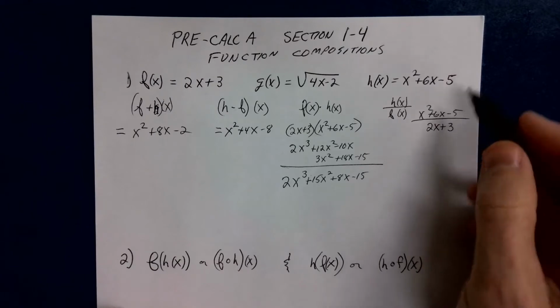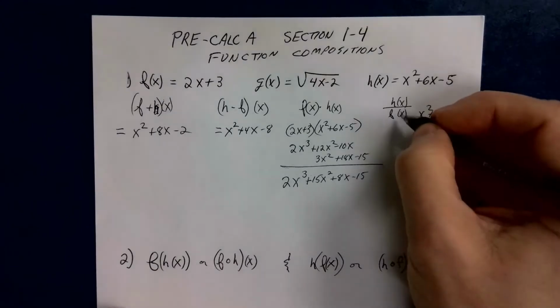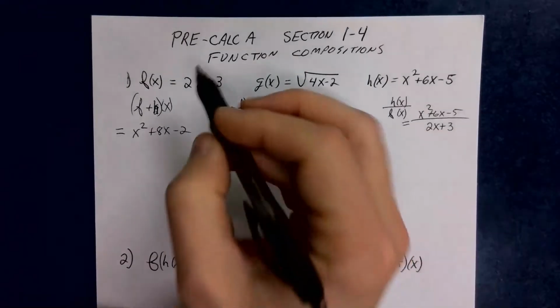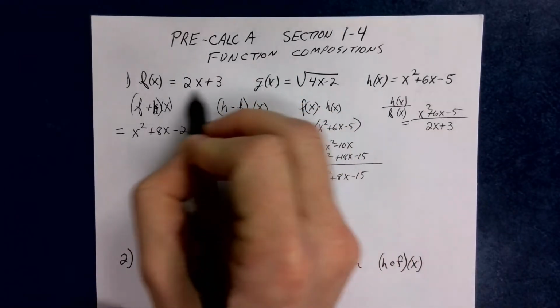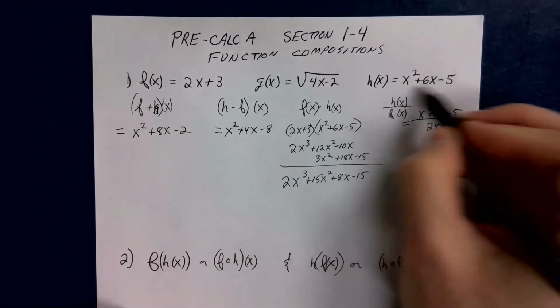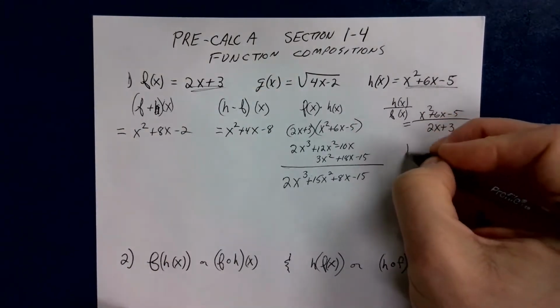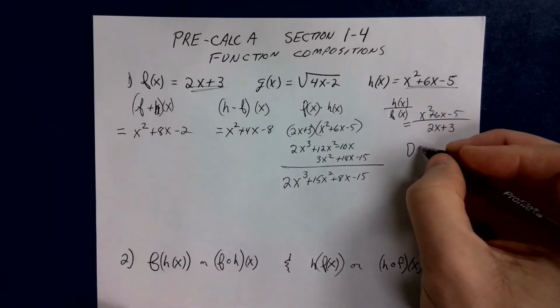And I'll point this out right now, that this answer right here, even though the domain of the first one is all real numbers, and the domain of the second one is all real numbers, the domain of this one is not.